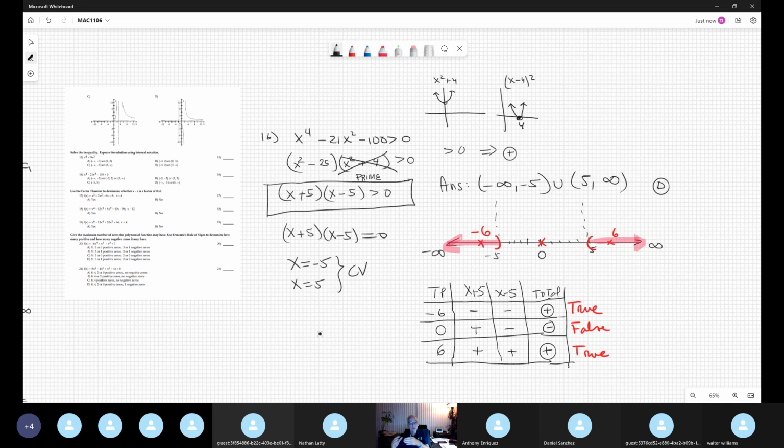Using the critical values, you make a partition in the real number line. You select totally arbitrary testing points inside each interval, which is representative of this interval. And now you create a table. In the table, you validate these testing points. And you take always the true, get the solution. And finally, you highlight in the number line.